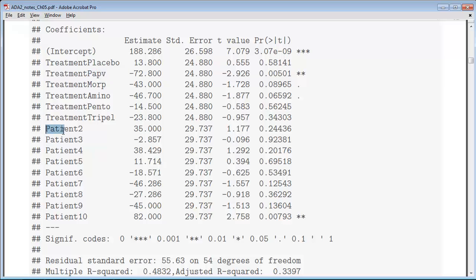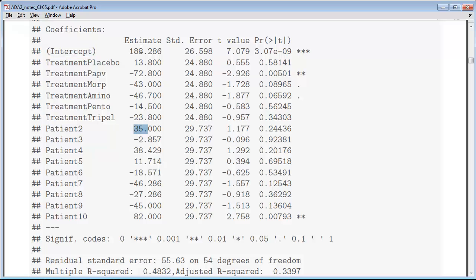Next, patient 2, 35. This is relative to the baseline. The baseline, the intercept group, is no drug, patient 1. So when we look at this number, 35, this is the difference between patient 1 in the intercept and patient 2 on no drug.